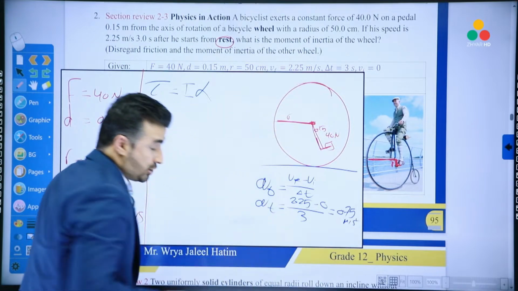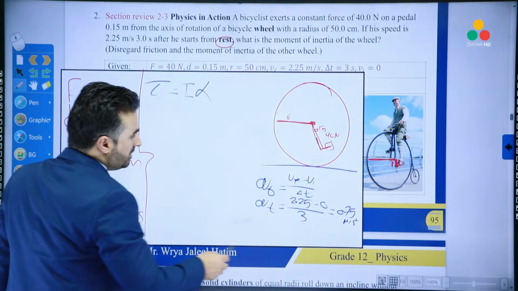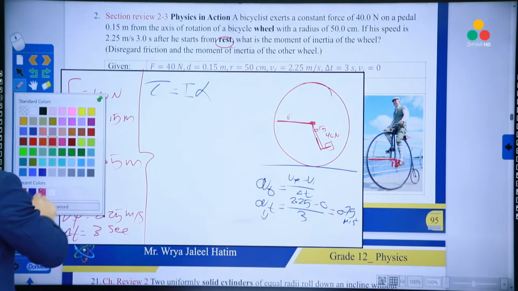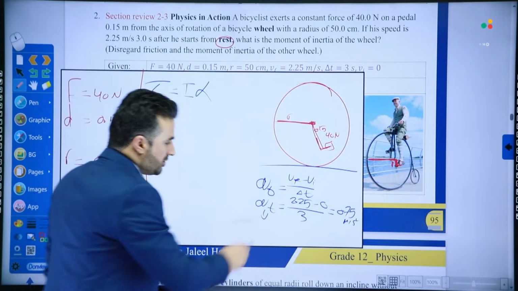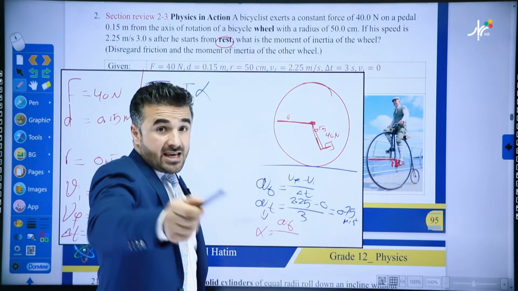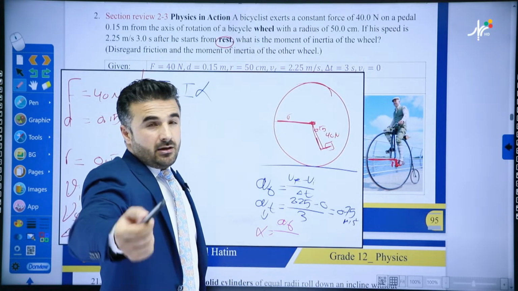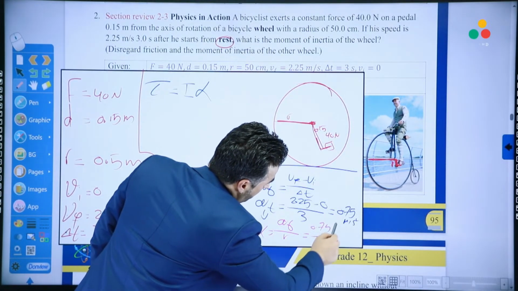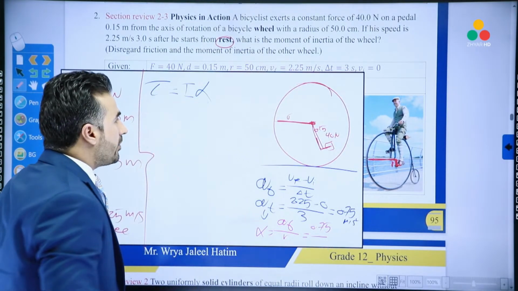We don't want tangential, we want angular. So how do you find angular acceleration? Tell me the equation for angular acceleration. It equals tangential acceleration divided by the radius. Excellent. So we can say 0.75 divided by the radius. What is the radius?